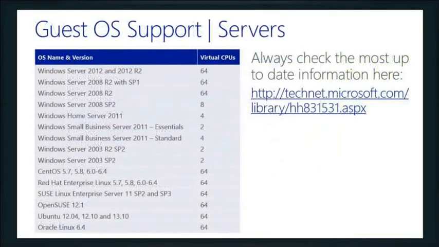Okay. Guest OS support. So from a server perspective, what OSs are supported? If you take a look, this is the number of virtual CPUs that we can run inside a guest OS or a guest virtual machine. 64 virtual CPUs for Windows Server 2012 or R2.